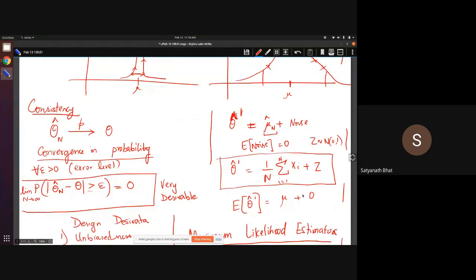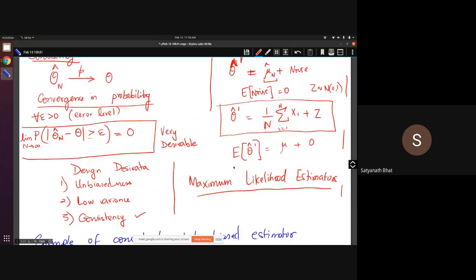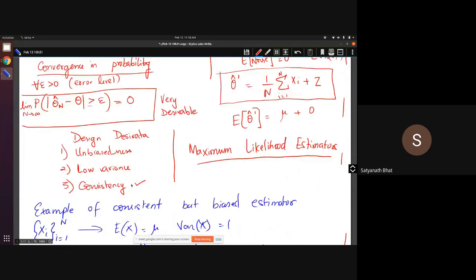There is always some error that we don't want. That is what we saw over here. So we need a procedure to come up with consistent estimators. If at all you want only one, we will choose consistency. That is what I'm saying here.